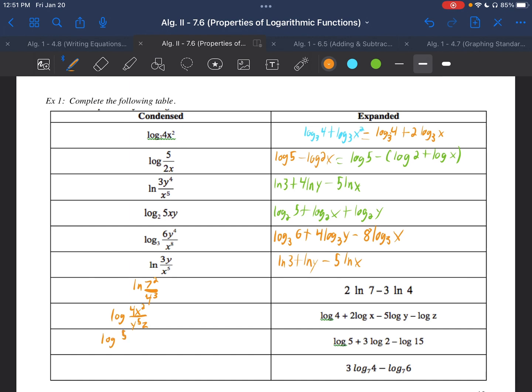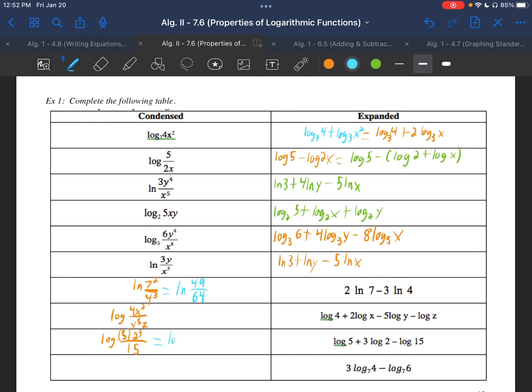Log of 5, and I'm going to put parentheses around it because there's also a 2 cubed on the top that would need to multiply together, over 15. Use the subtraction there. Now, since those are actual numbers that we could multiply, we can go ahead and do that. And I guess we actually could have done it back on this other one earlier, the first natural log condensed one we did, where we could have done the natural log of 49, 7 squared, and we could have cubed 4 and gotten 64 if we wanted as well.